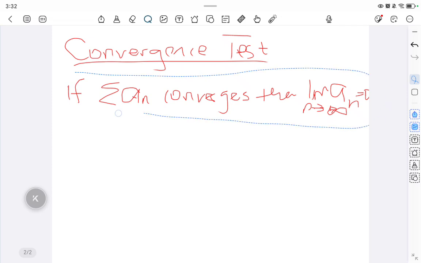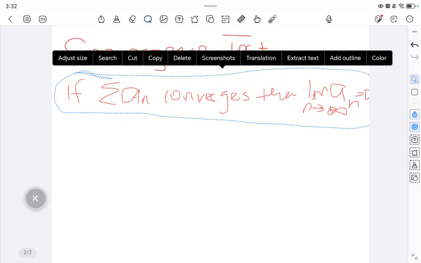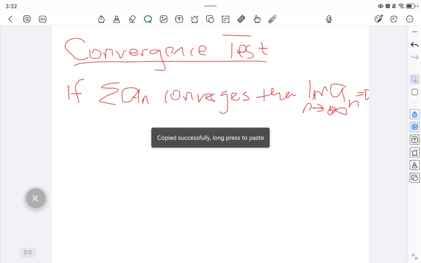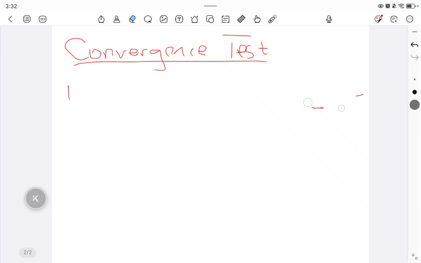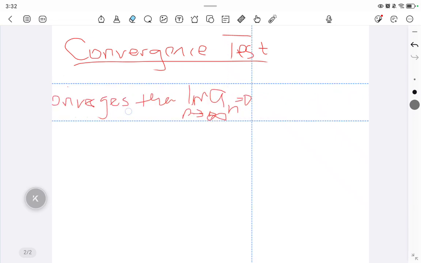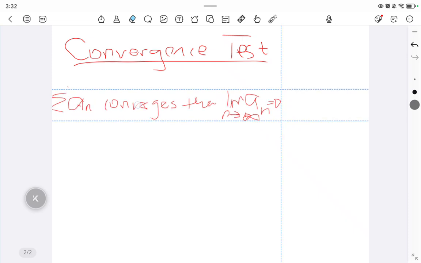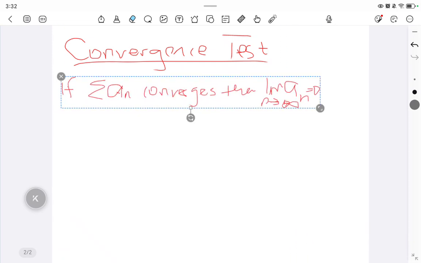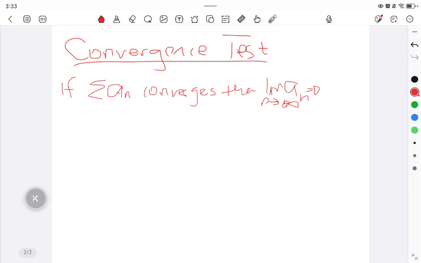So we know that if we try any series and find that it converges, this simply tells us that the limit of a of n of that series should be equal to 0.